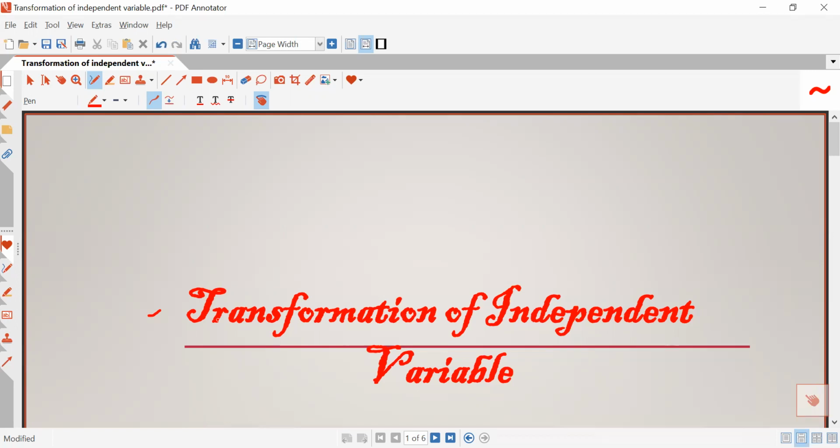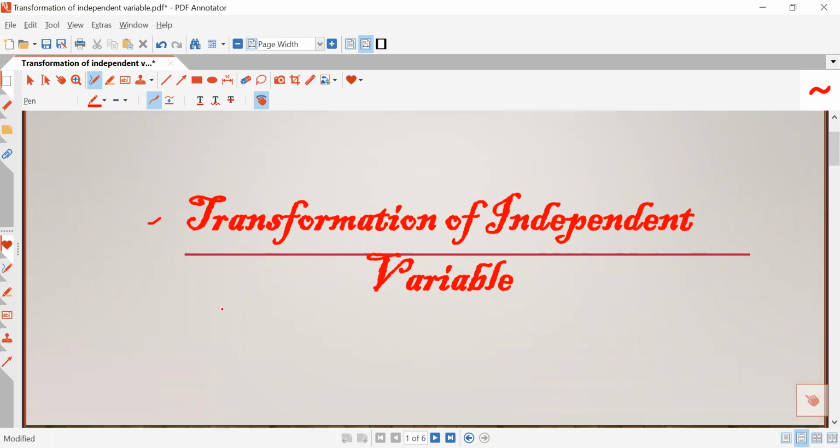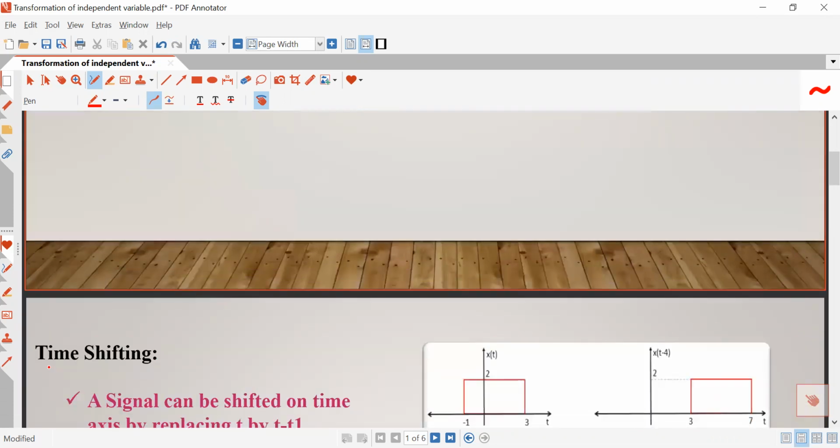Through transformation, you can shift the signal, expand it, compress it, and get a mirror image of the signal by simply replacing the time. If you replace time with some other times, then you can get all of these characteristics of the signal. So first, I am going to discuss the meaning of time shifting.